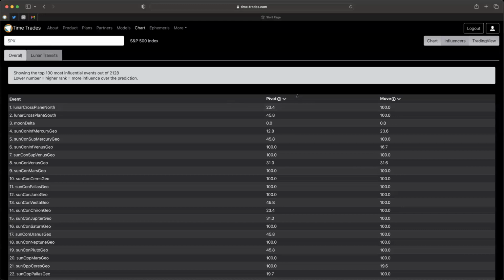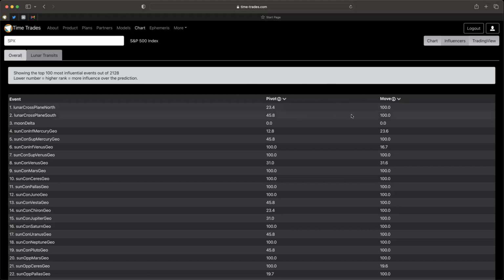So you'll notice that we are only showing influencers over the non-directional pivots and moves. We've eliminated the influencers for the directional ones because those directional forecasts have the possibility of inverting.